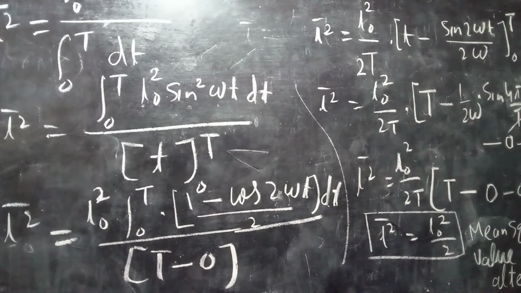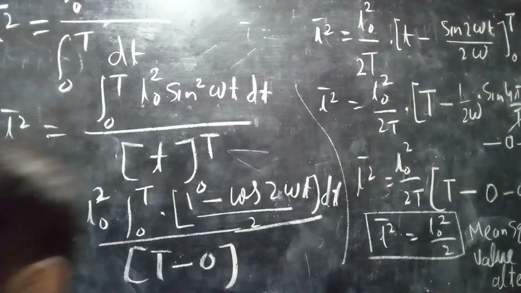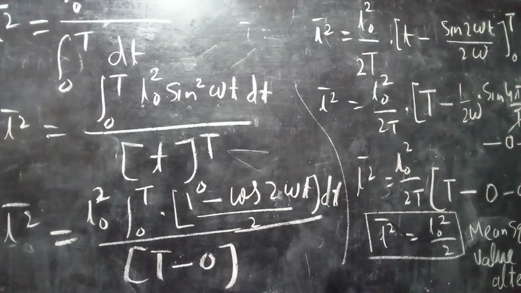Now we take the square root of this, then we get the root mean square value of alternating current.